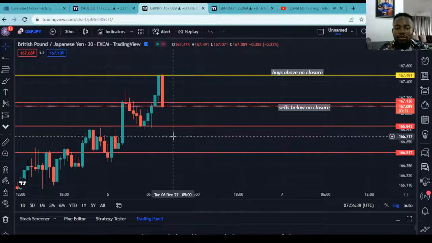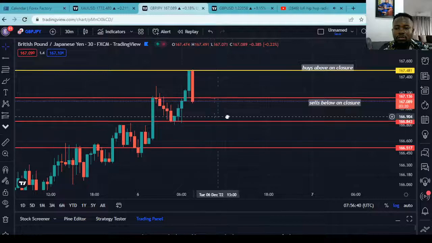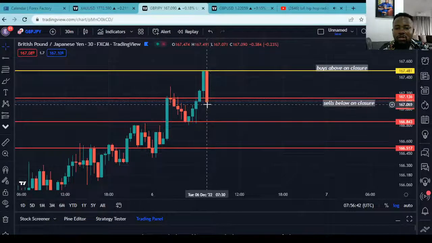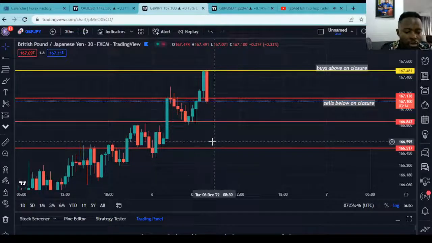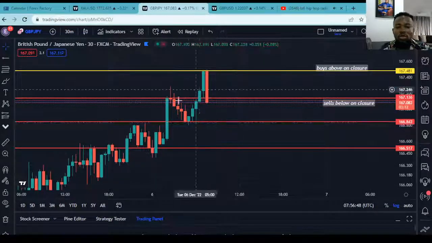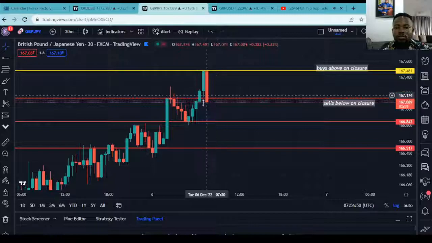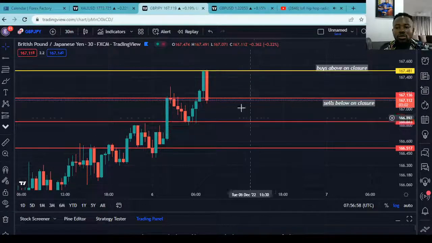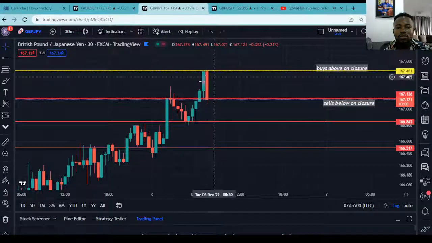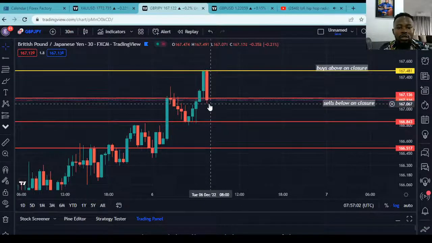So let's see. We have 3 minutes for this candle to close, and we also have 3 minutes for London Open. So we need to see what London Open will do. I'm not going to be taking any sell before London Open. I will need to see and understand what the London Open is going to do relative to the chart here.